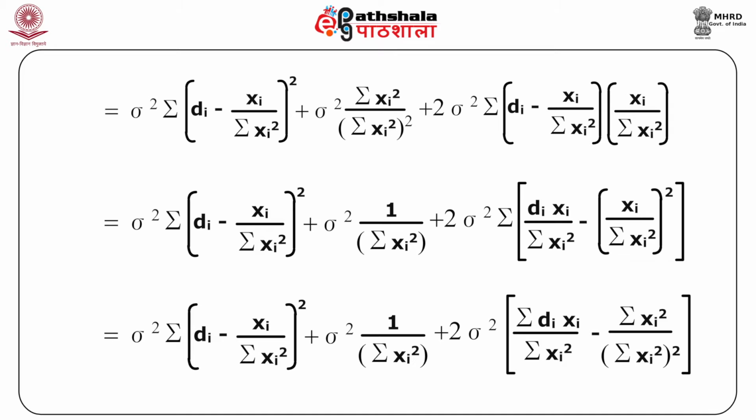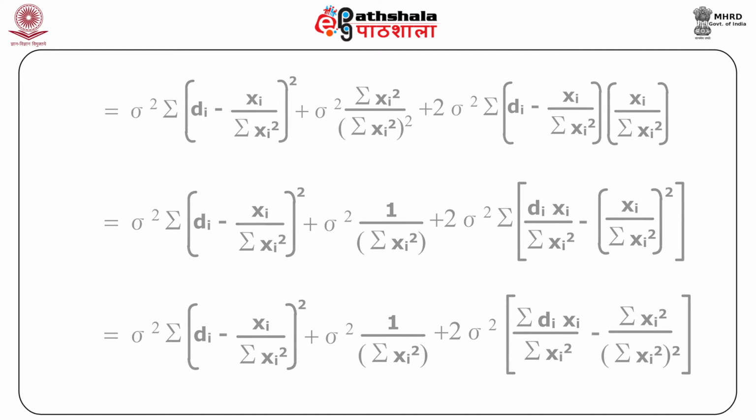This is equal to sigma square summation di minus xi divided by summation xi square whole square plus sigma square into 1 upon summation xi square plus 2 sigma square summation di xi divided by summation xi square minus summation xi square divided by summation xi square whole square.